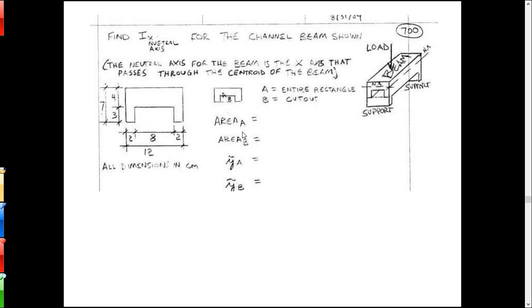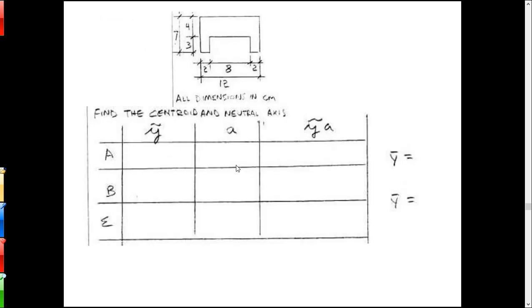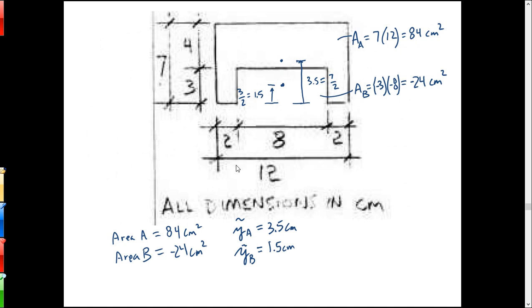Okay, so the first thing you would do on this particular problem is to figure out where the centroid is, because that's where the neutral axis is. So you would want to find the centroid for the entire beam. That would be step number 1. So this is the usual deal here. I find the area of the entire object.